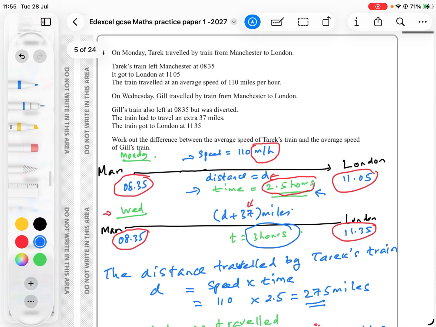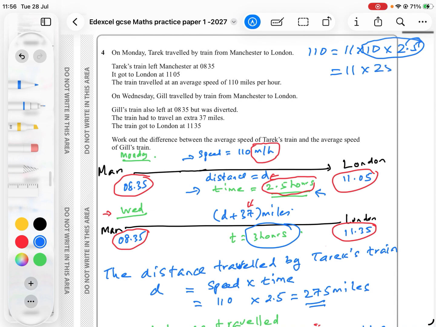110 you can write as 11 times 10. So instead of 110, you can use 11 times 10 times 2.5. Move the decimal, that gives 25.